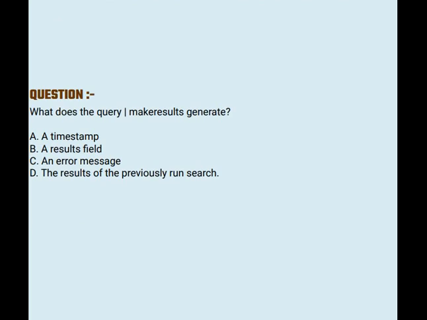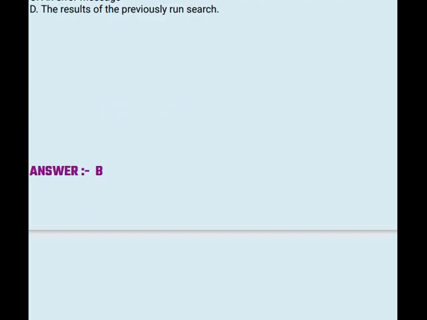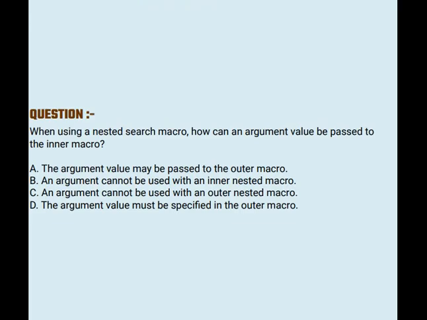The correct answer is option B. Next question is, when using a nested search macro, how can an argument value be passed to the inner macro? Option A, the argument value may be passed to the outer macro.